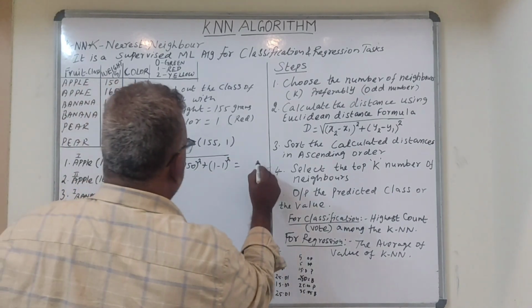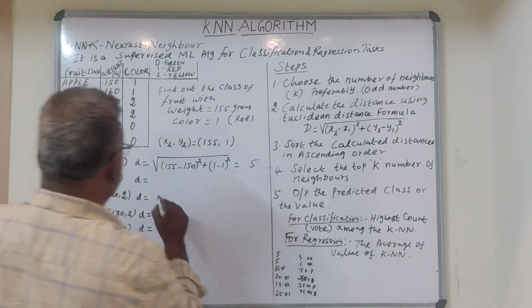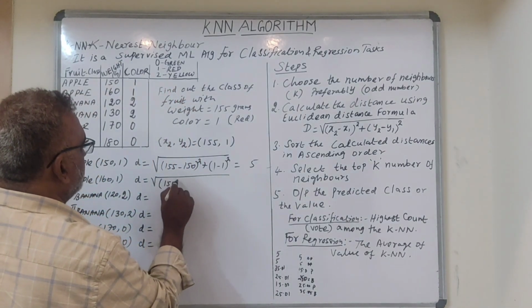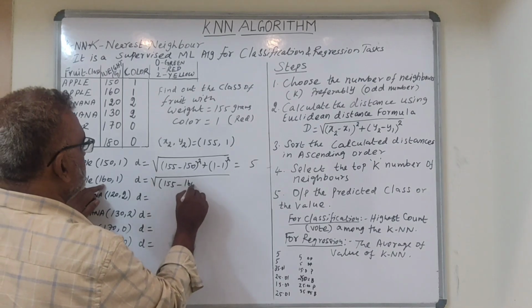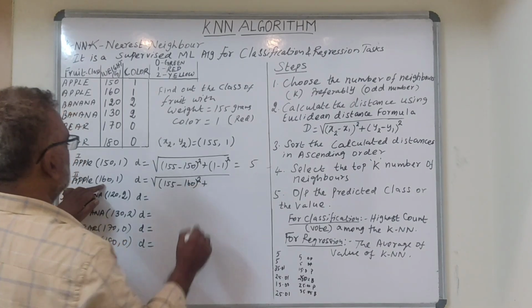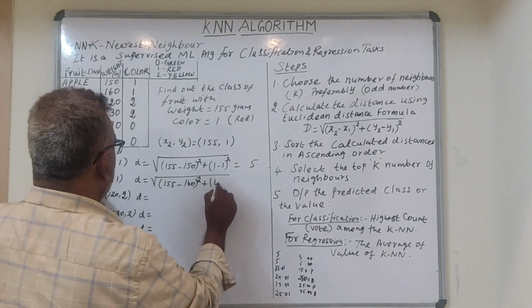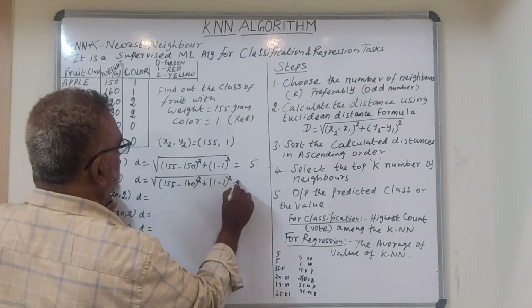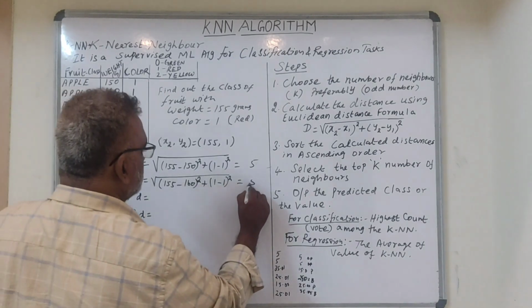If you calculate, you will get the value 5. Similarly, the next value is 155 minus 160 whole square, plus 1 minus 1 whole square. This is also equal to 5.